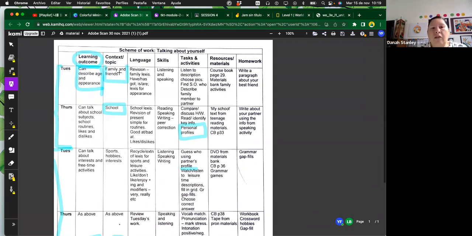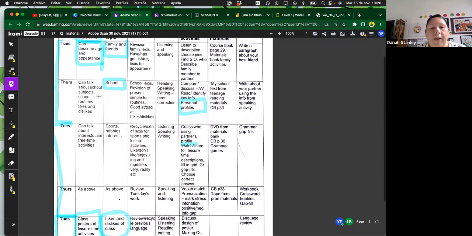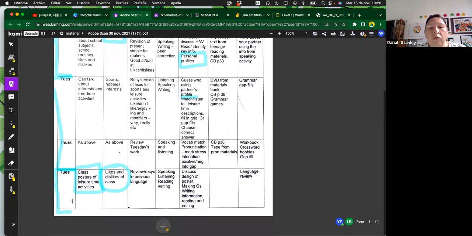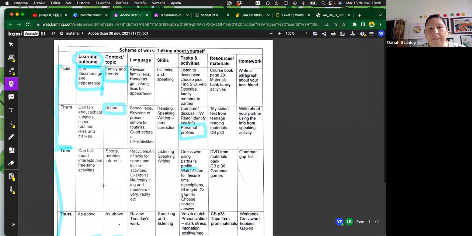I deduce that they introduce the unit or the book like this. First, you talk about your family and friends, describe them physically, but also when you describe a person, you also describe their likes and dislikes. That is the logical sequence I can find. Okay? But at the end, they are going to make a poster based on their likes and dislikes.